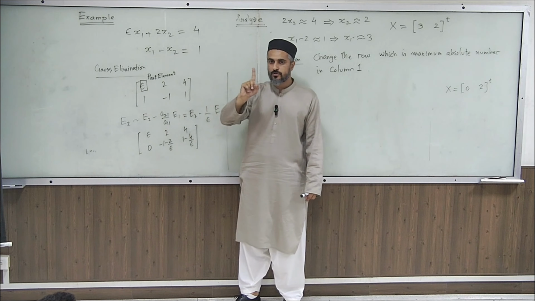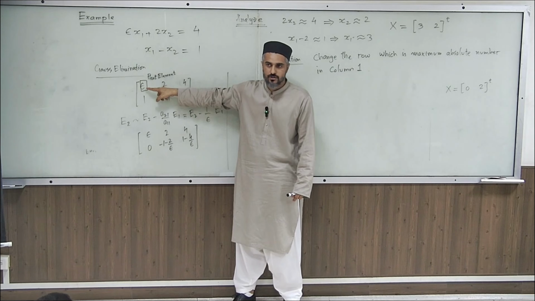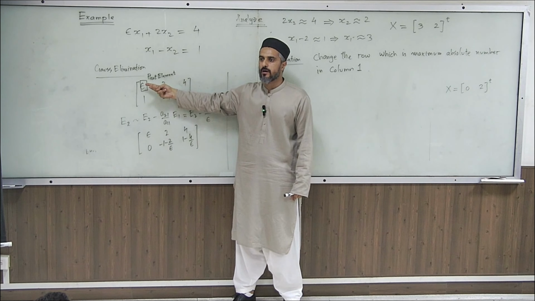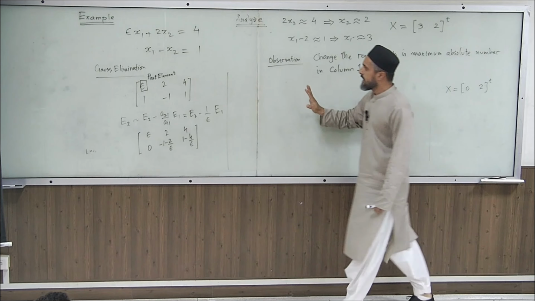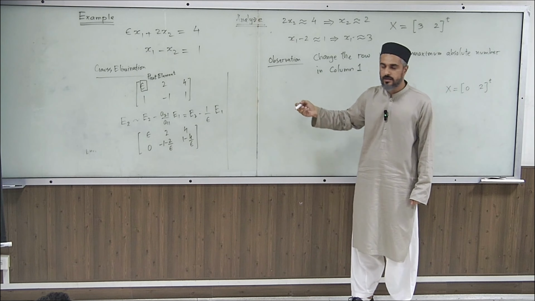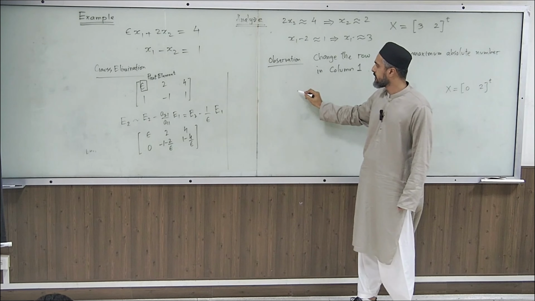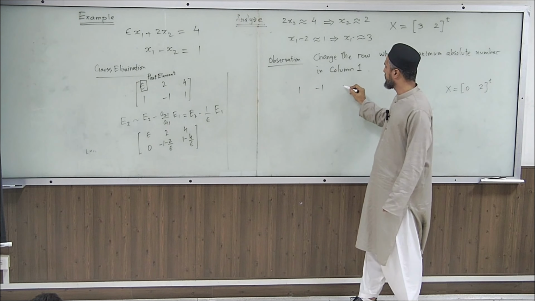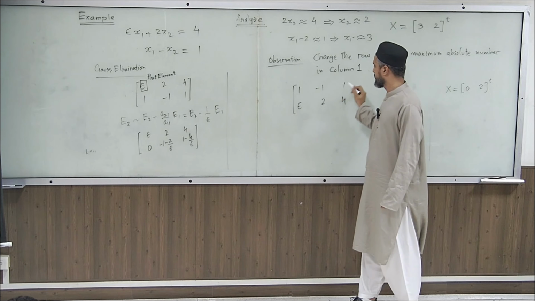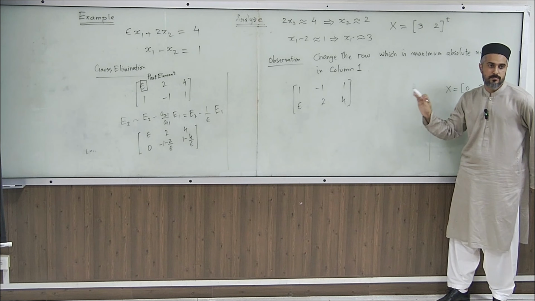So you look for the absolute maximum number in the first column and swap that row with row number 1. In this example, 1 is greater than epsilon. So if I swap the rows, I will have the augmented matrix like this.